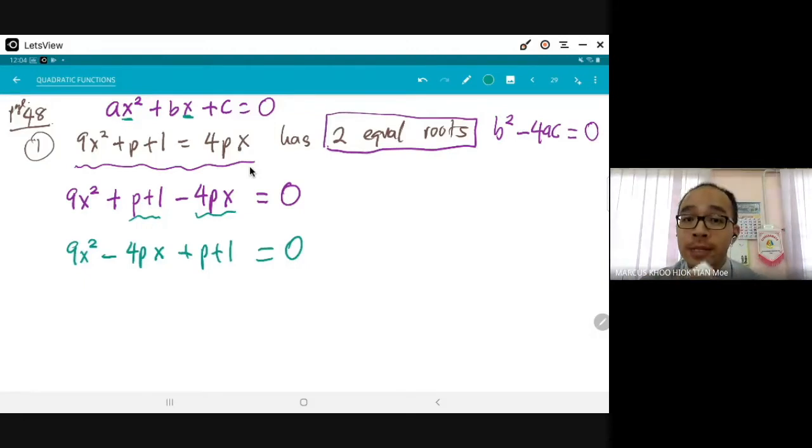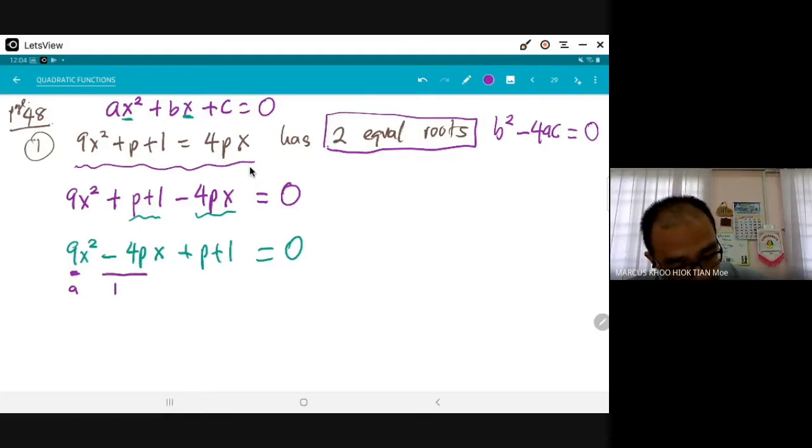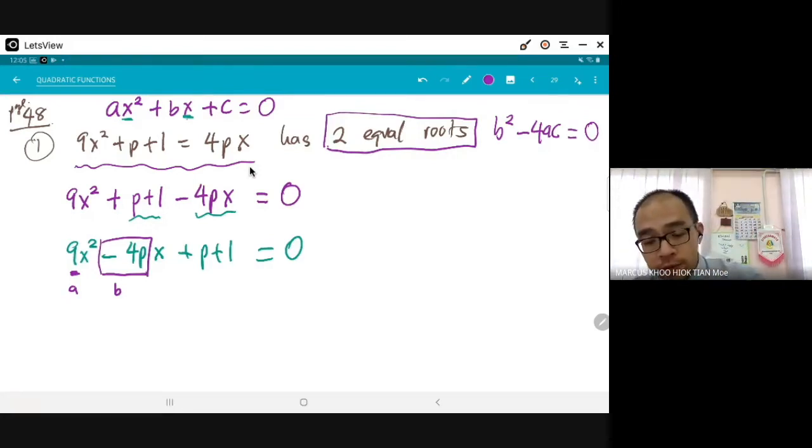Okay, bila saya susun balik, saya akan dapat ni. And this will tell me that this is A. A is 9. Okay, B is negative 4p. Ini semua adalah B. So C, okay, huruf C diwakili oleh kesemua ini.